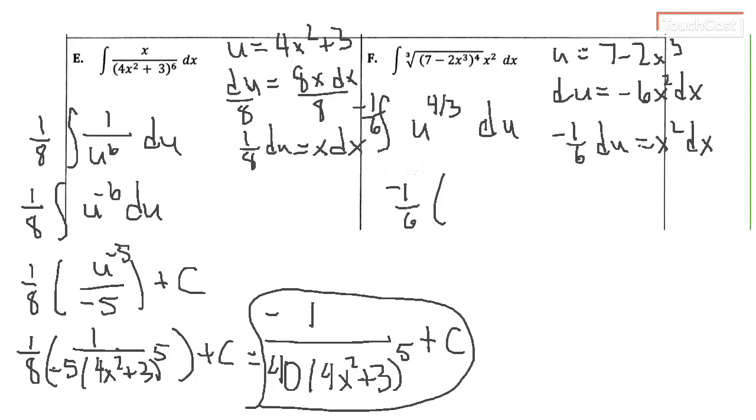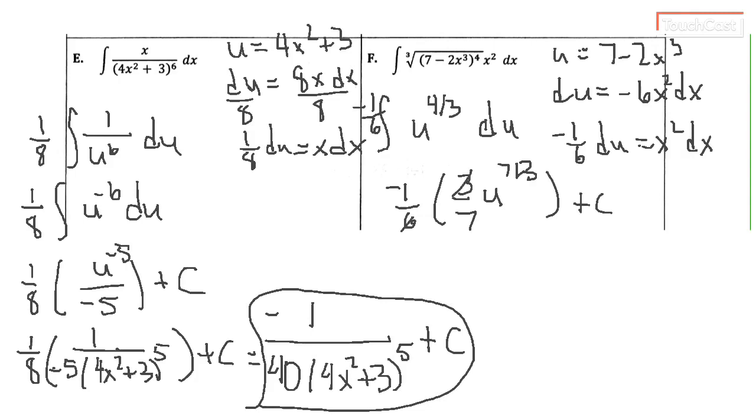In fact, I'm going to give myself some space because I know I have to multiply u by something. U to the 7/3 plus c, and the thing I multiply u by is the reciprocal of its power. So 3/7.